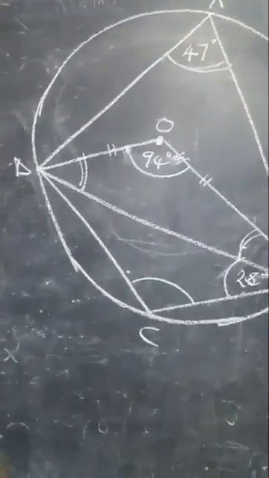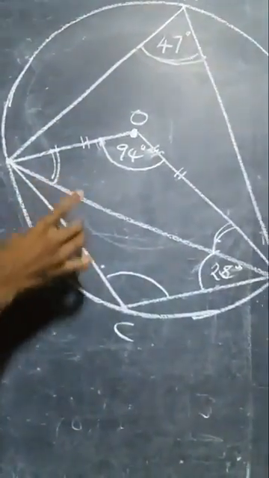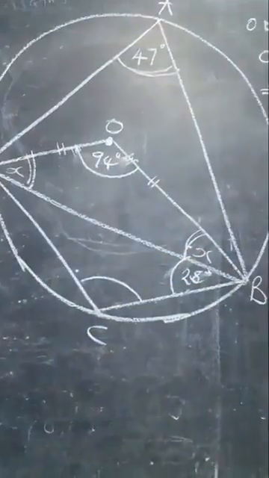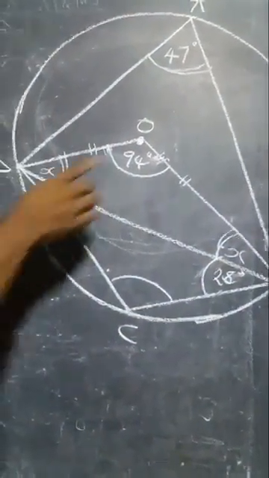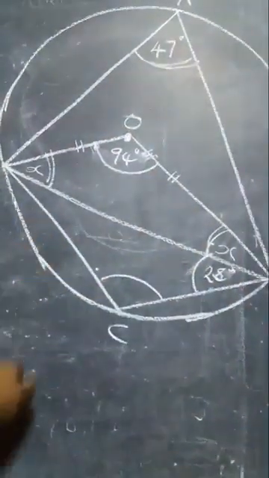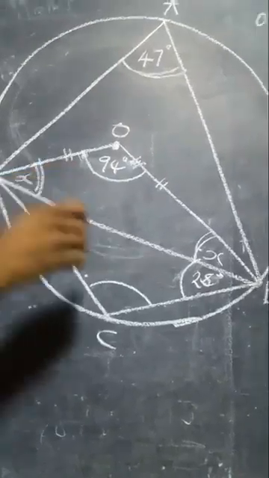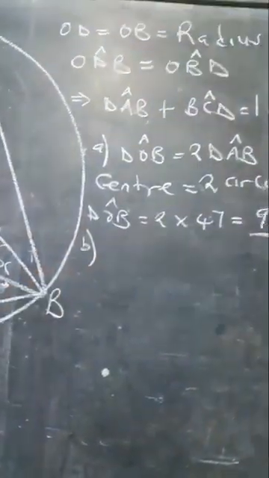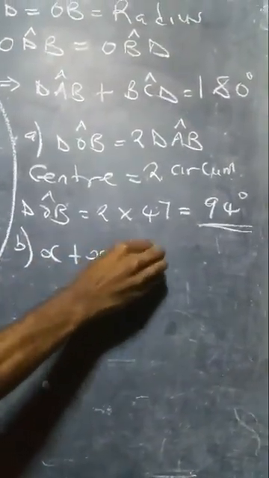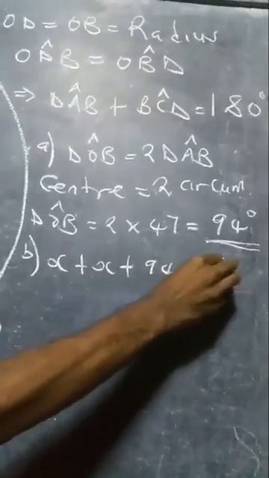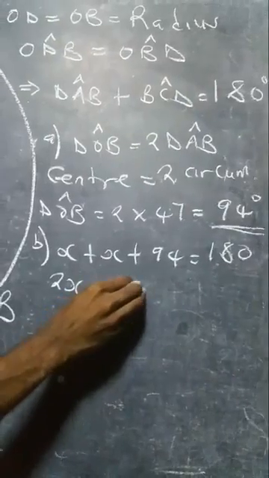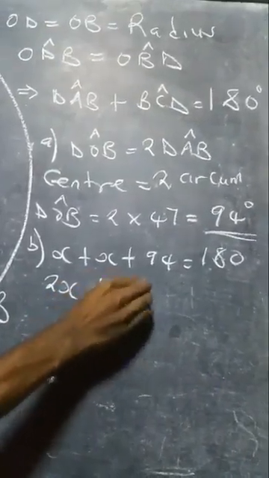Now, what did we say? We said base angles are the same. So x there, x there, they are the same. So finding ODB, since ODB is equal to OBD, we can just find for one. So x plus x plus 94 is equal to 180. That means 2x plus 94 is equal to 180.